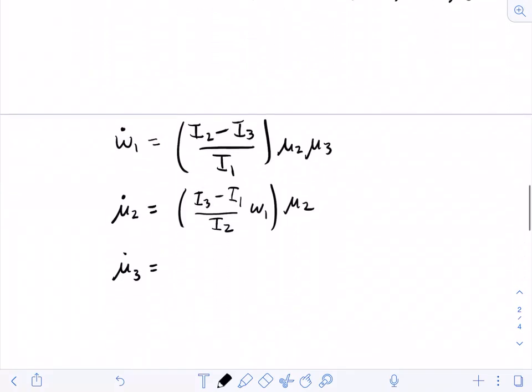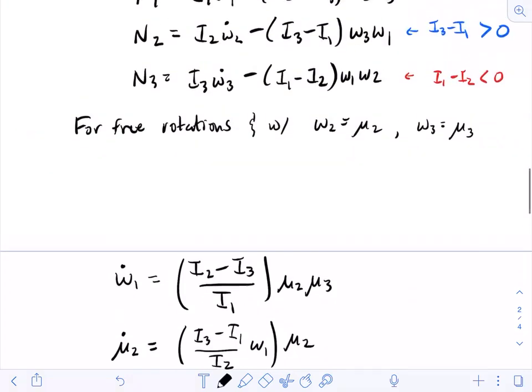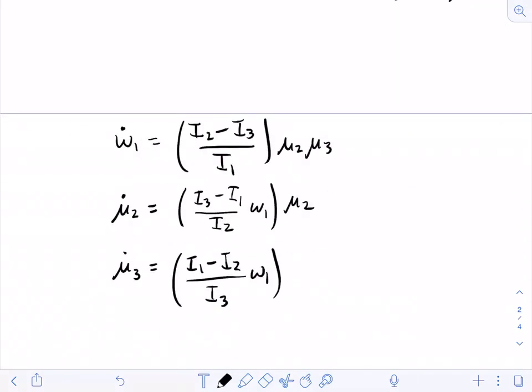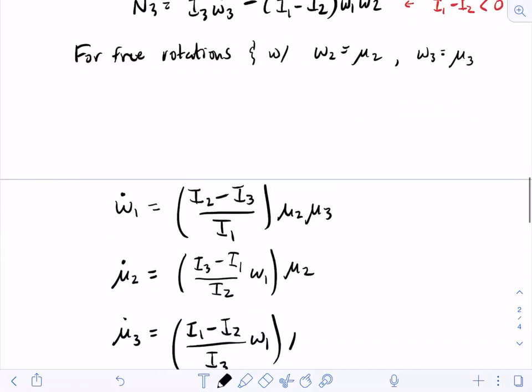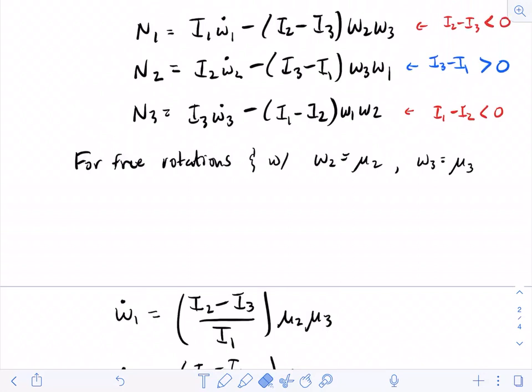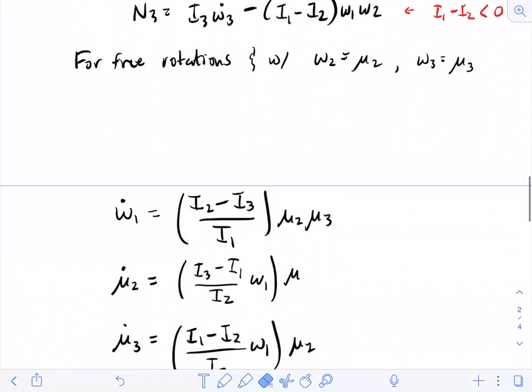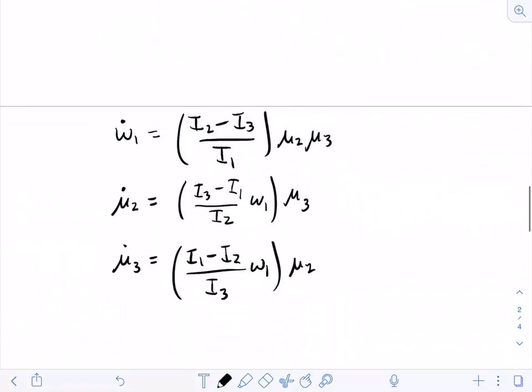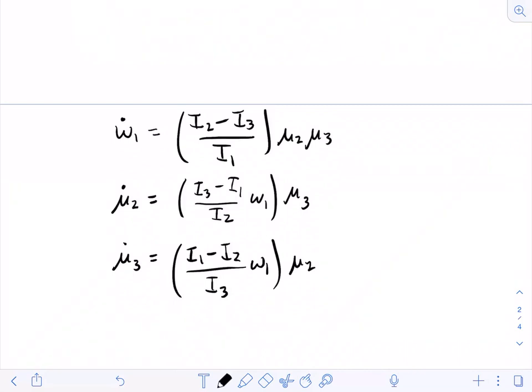Then we get (I1 minus I2) divided by I3, with an omega 1, and omega 2 becomes mu 2. I've made a mistake over here. For N2, omega 1 stays as omega 1, but omega 3 becomes a mu 3, so this needs to be a mu 3. Okay, I think that should be correct.